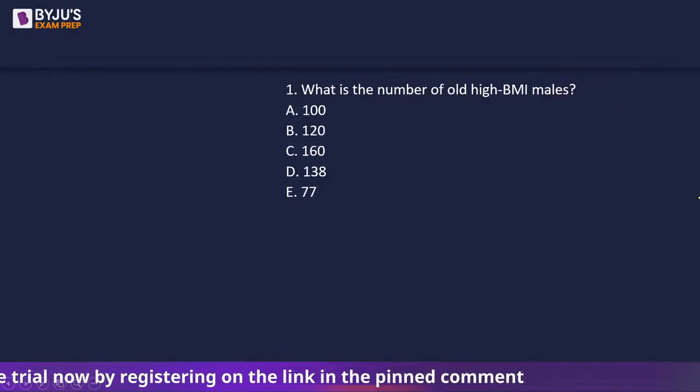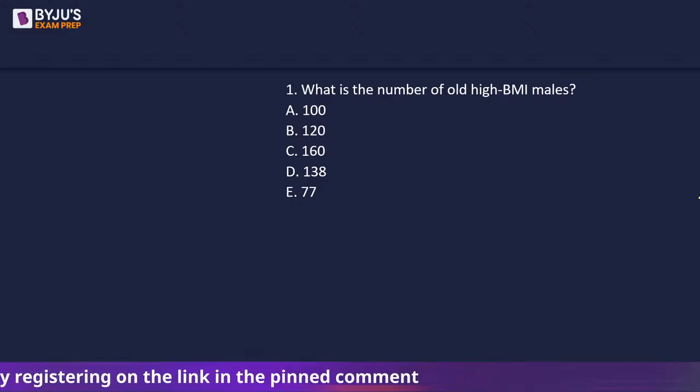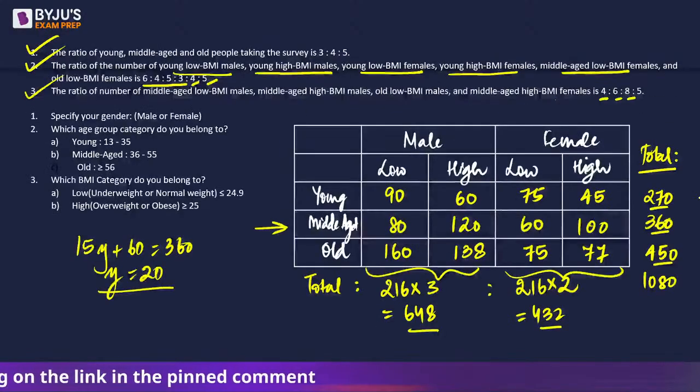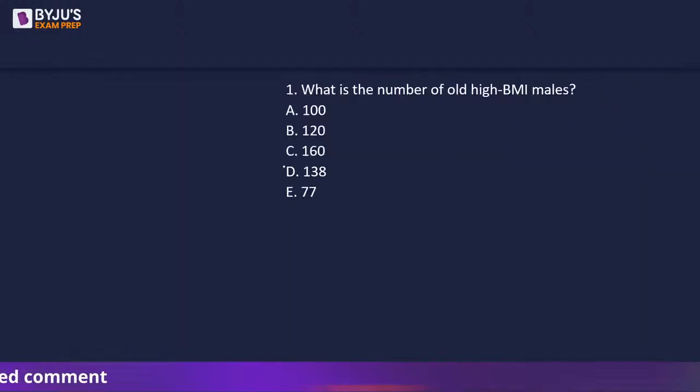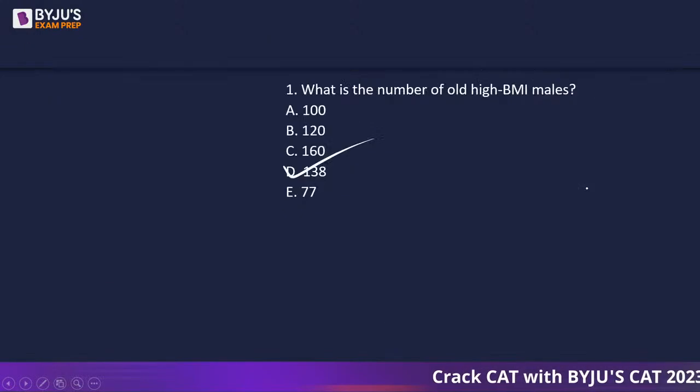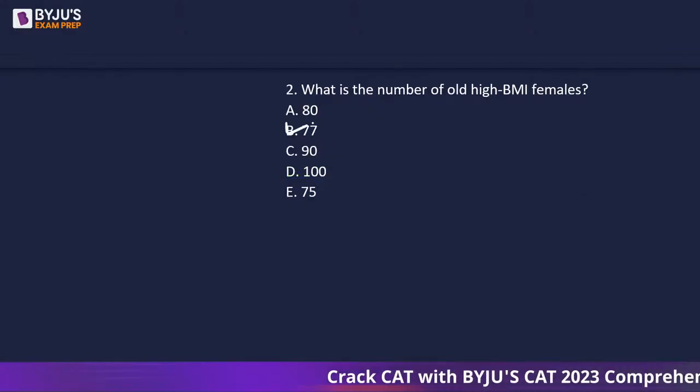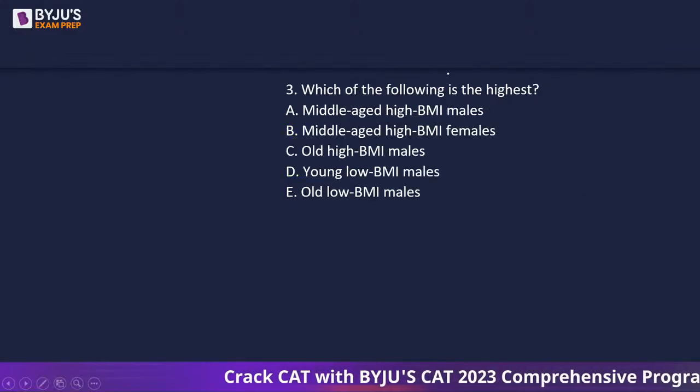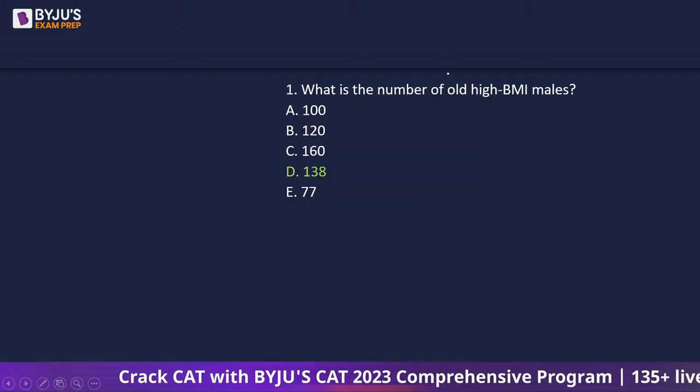Now let's look at the questions. What is the number of old high BMI males? Old high BMI males, 138. What is the number of old high BMI females? Old high BMI females, 77. Which of the following is the highest?